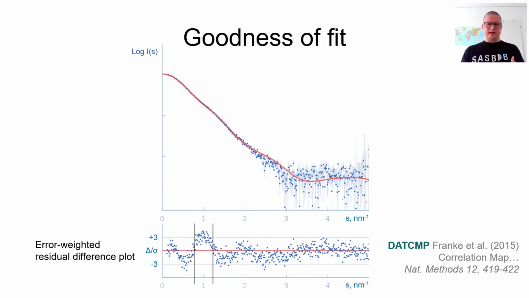Then it will estimate the probability that this could have happened by chance, given the total number of points, and it will give you a p-value. Typically, this will be a p-value around 0, and acceptable p-values should be higher than 0.05.